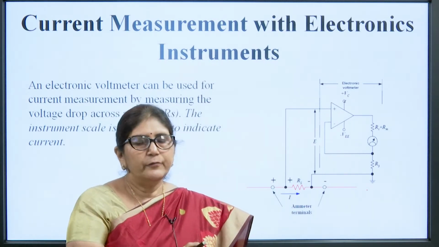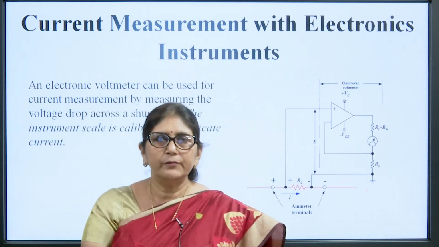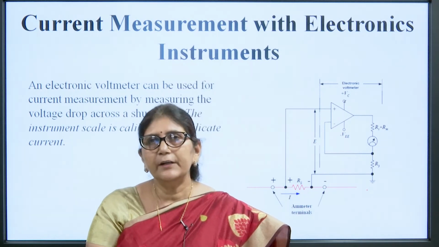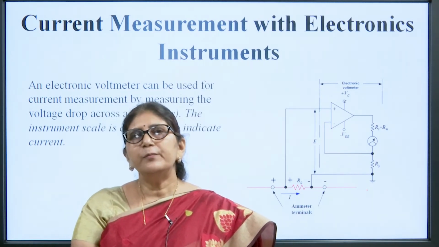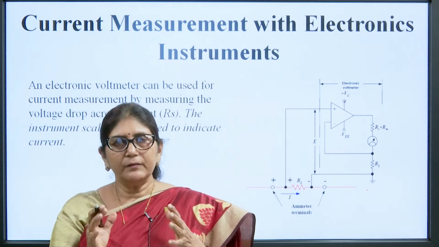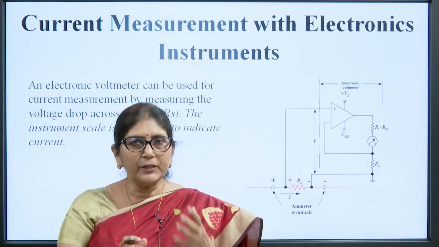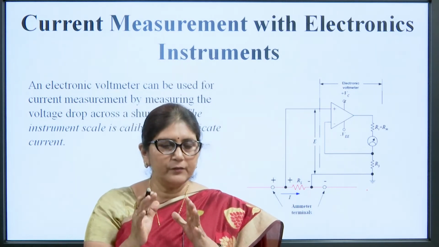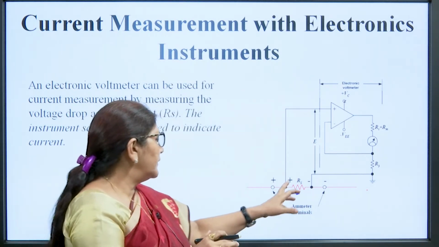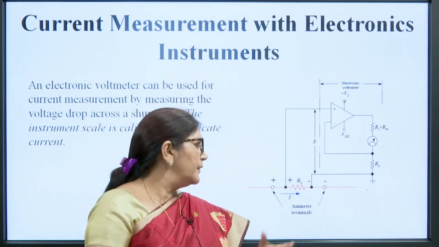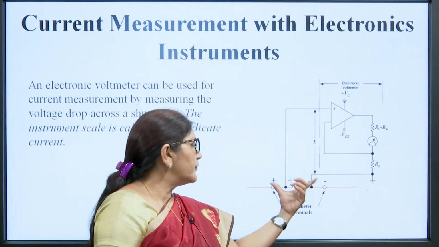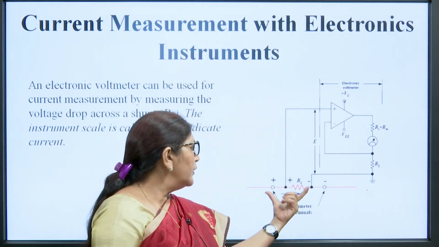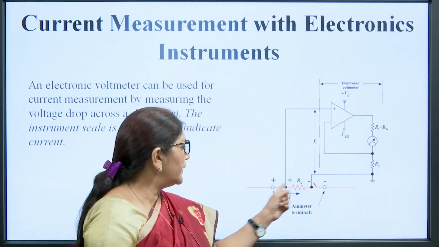Similarly, we can measure current with the electronic instrument. For the current measurement, we know the PMMC in an electronic circuit measures current when voltage is applied across a constant resistance. Here this Rs is a constant resistance, and this is the ammeter terminal. Suppose we want to measure the current in any meter, so we will place an ammeter here.